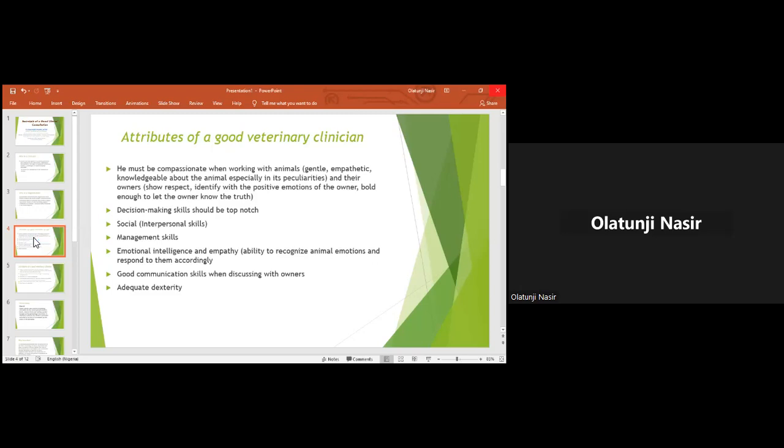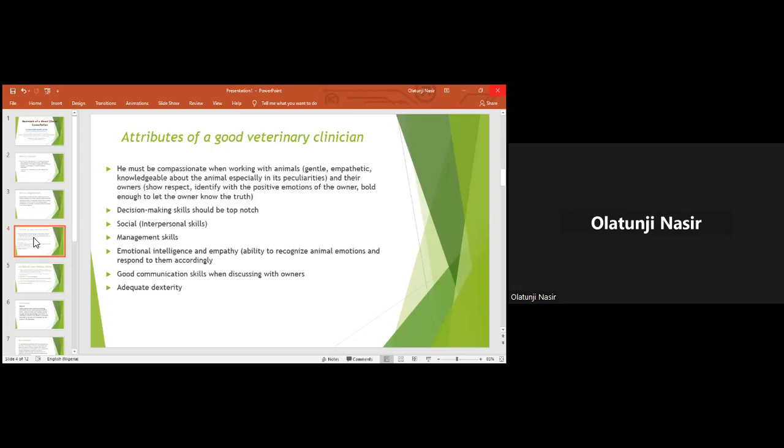When you are examining that dog, verbalize. When you are going to collect samples, verbalize. Let the person know exactly what you are doing. Oh, I'm looking at the eye. I'm looking at the mucous membrane. When you look at it, it could be pale, it could be pink. Oh, I could see some level of hemorrhages coming, because there's something we call petechiae.